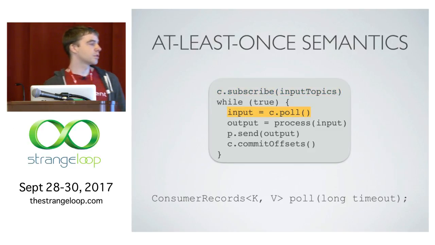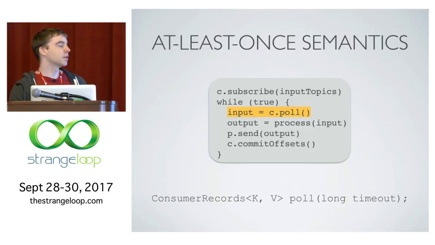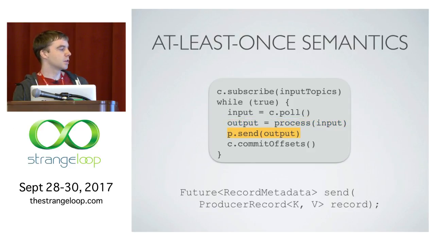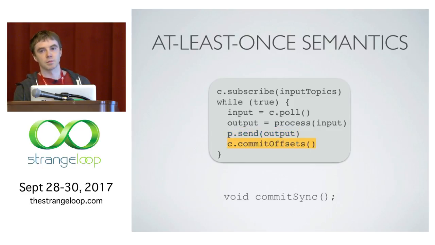You poll, so poll is where you get the actual data. That's where the fetching is happening from the current offset. The consumer is maintaining your position in the log for you. You do some processing of some kind. It's just kind of what Kafka Streams is doing. Then you send that output using this API. And finally, once you do that, you commit offsets.